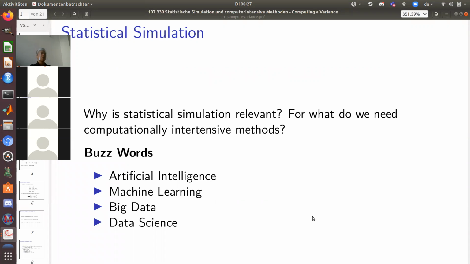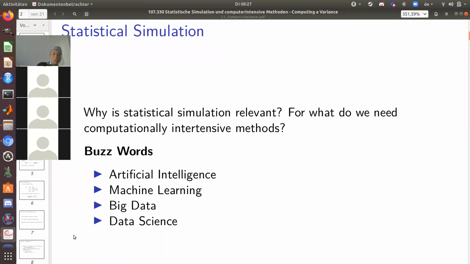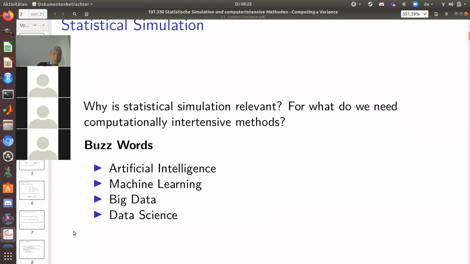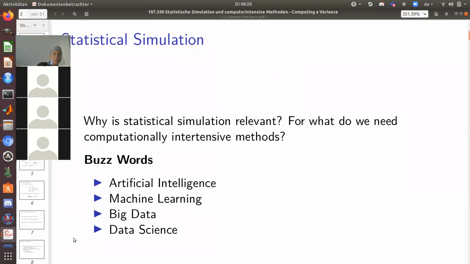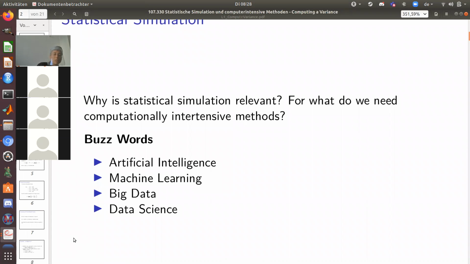There's artificial intelligence, machine learning, big data, data science. Some of you are actually doing the master studies of data science. So these are the big words, and they always include more than just statistical simulation, but all of them do include statistical simulation.